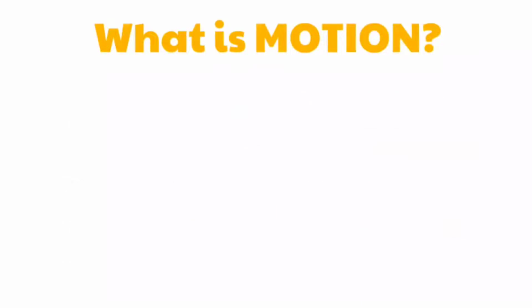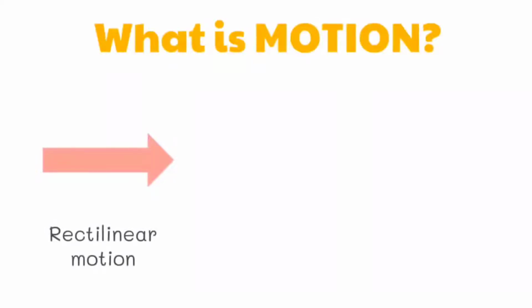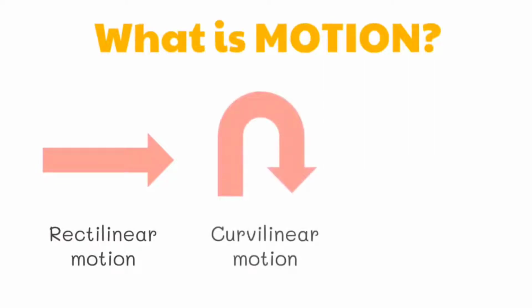The motion of an object traveling on a straight path is called rectilinear motion. An object traveling on a curved path is called curvilinear motion. And an object that travels on a certain angle is called angular motion.